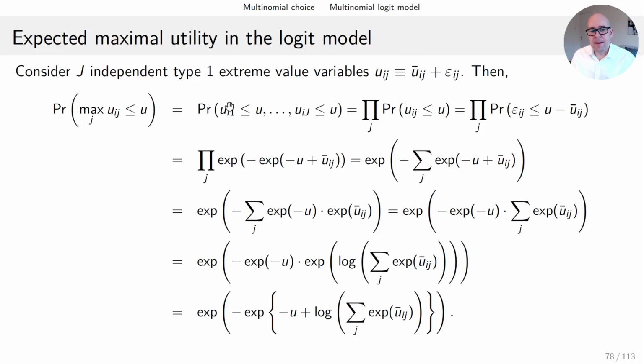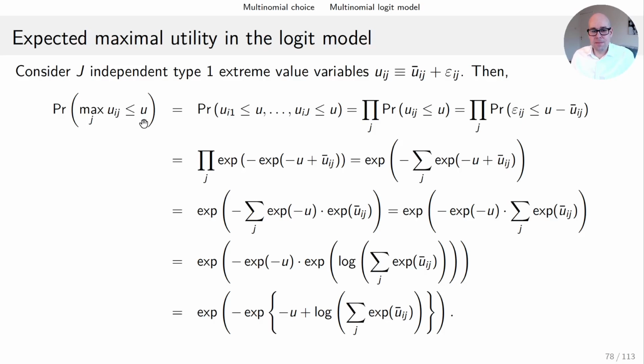I'm interested in the distribution of the max of them, not in the distribution of every single variable. So I'm writing down something that in the end is a CDF: the probability that this random variable is less than or equal to u. And we will see in the end why it's useful to write it down like this.